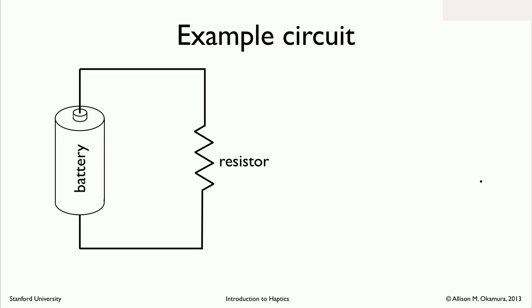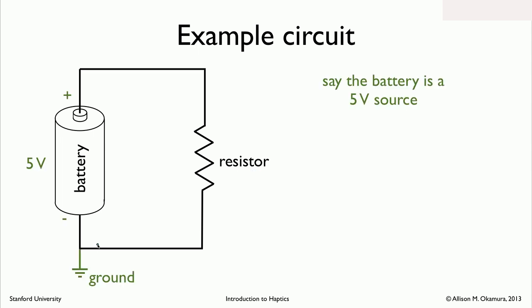So in this case, let's ignore the fact that you have a HapKit board there and just start with a battery. So over here we have a battery on this side, and on the right side we have a resistor. And all of these black lines here represent physical wires that are connecting these two elements, the battery and the resistor. So what I've shown on the screen now is that the battery is going to be a voltage source.